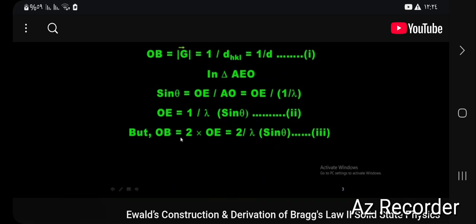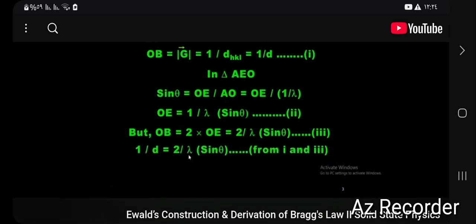But from equation number 1, OB is nothing but 1 by D, because we know the magnitude of the reciprocal lattice vector is 1 by D. So in place of OB I have put 1 by D, and from equations 1 and 3, 1 by D is equal to 2 by lambda into sine theta.